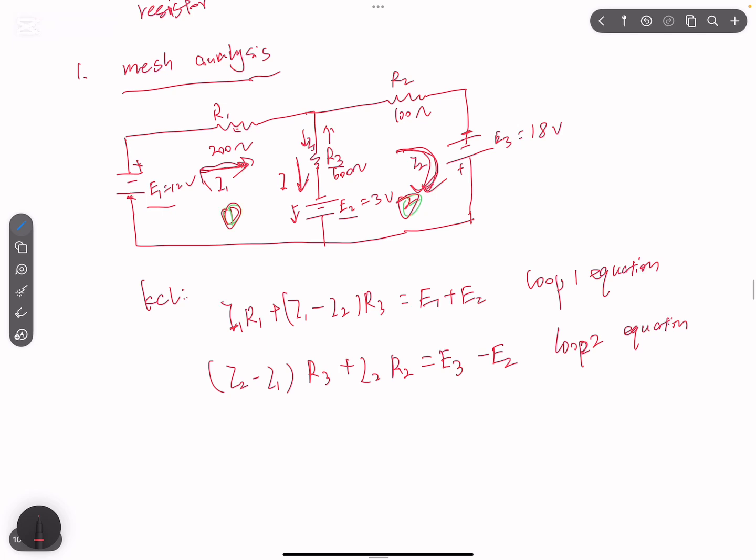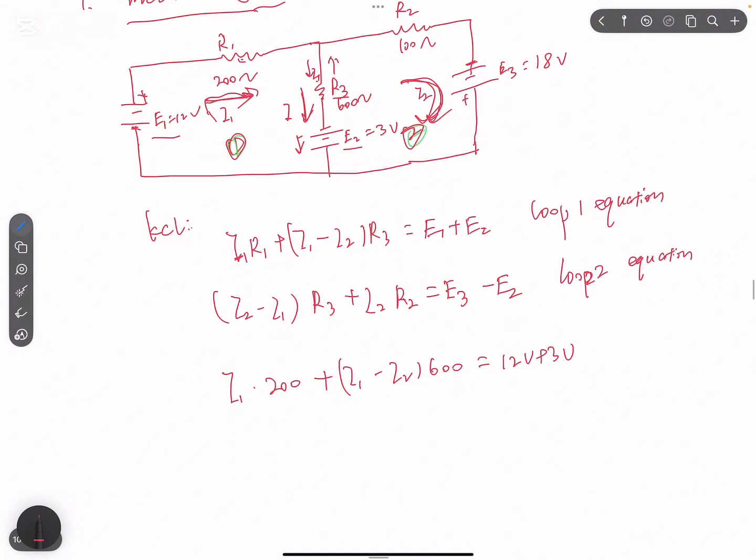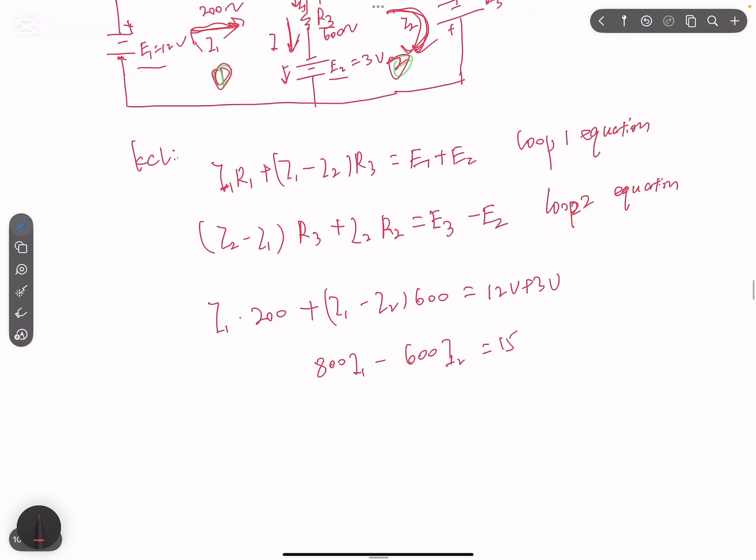Now we just need to plug in the numbers in order to get the current. I1 times R1, which is 200, plus I1 minus I2 times R3, which is 600, equals 12 volts plus 3 volts. So the first one gives 800 I1 minus 600 I2 equal to 15.